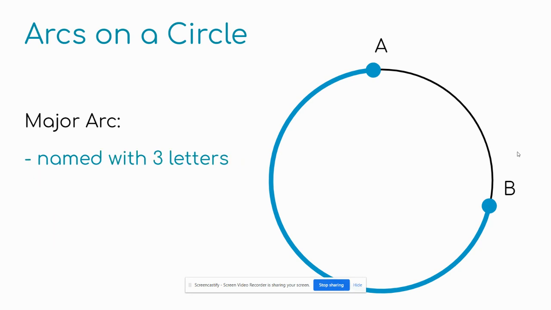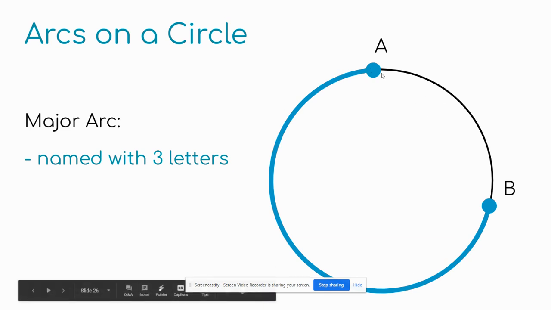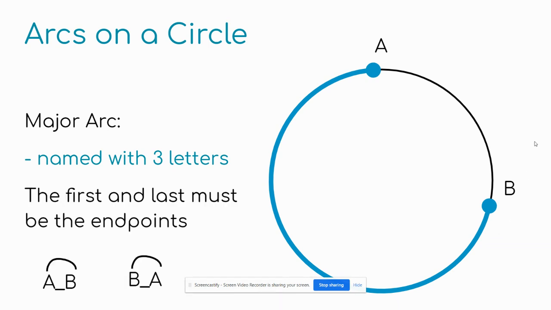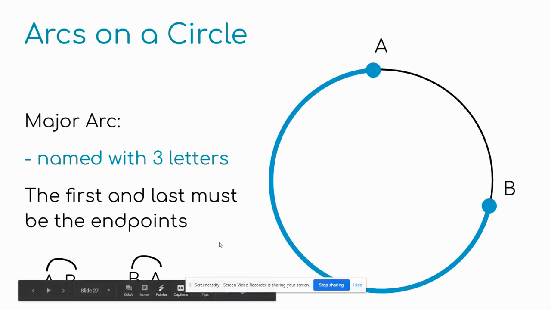So we're going to name them a little differently. We can't name this AB because then we wouldn't be able to tell if I'm talking about this blue part or this black part. So we're going to name it with 3 letters. So far, I only have 2, A and B. So we're going to name it sort of like the minor arc. We're going to start and end with our endpoints. So we can either start with A, end with B, or start with B and end with A. And then we're going to need a letter to be in the middle.